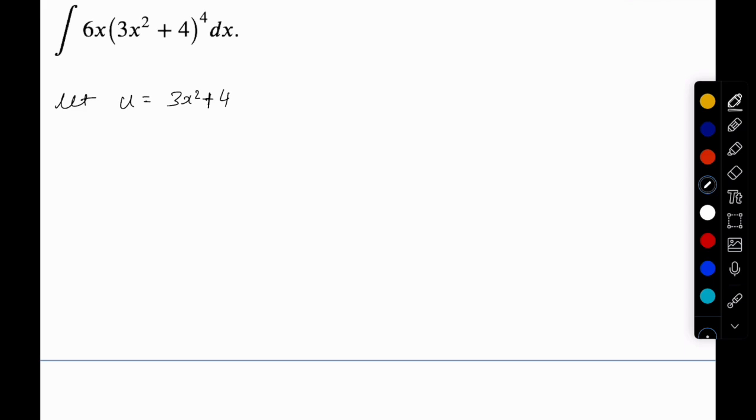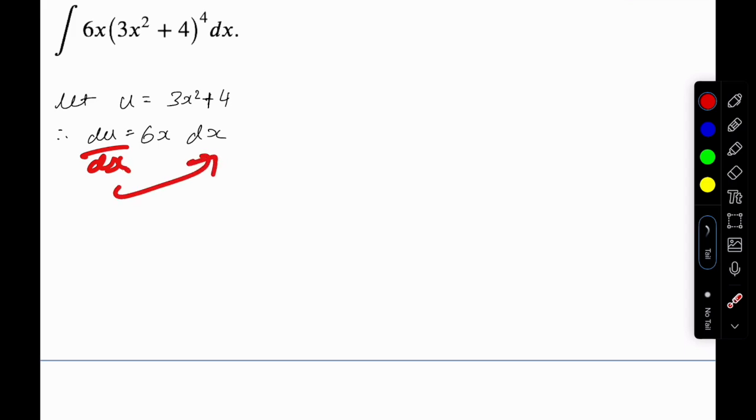We've done that. So therefore du is going to equal 6x dx. Why? Because du by dx is equal to 6x. Then we just times the dx over. We've got that. Now all we have to do is plug this in.